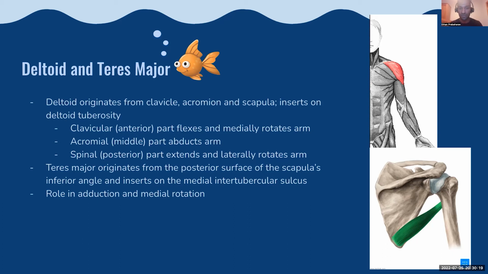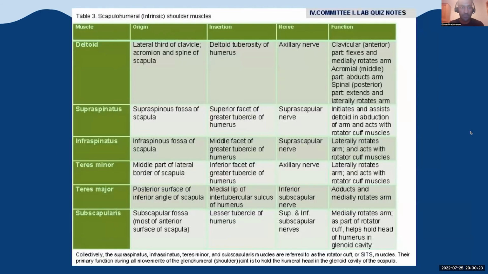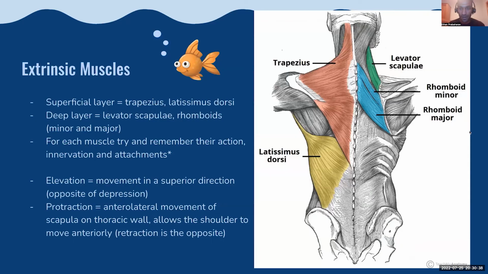Then you can visualize the role of the muscle. This is a nice table with the origin, insertion, innervation, and function of each of the muscles, and I guess you can use that for your notes. I've got one of them for each of the group's muscles as well. All right, let's talk about the extrinsic back muscles.